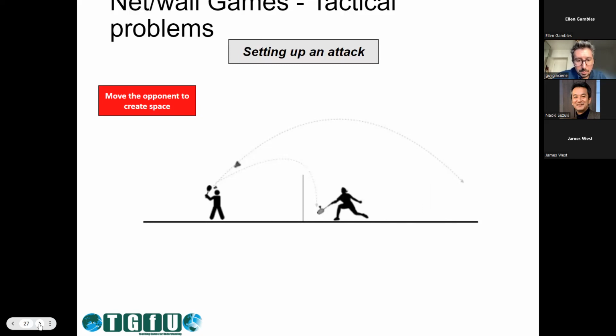In the same way as before, I try to move the opponent from the center and open a space to win the point. In this case, I can use a short hit, open a space in the back, and hit next on this open space.